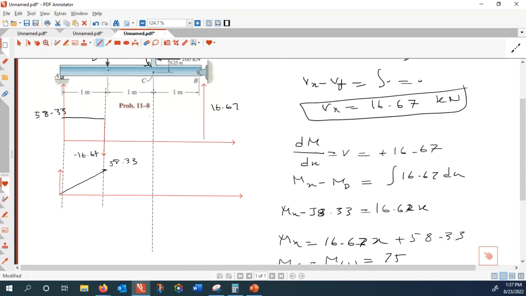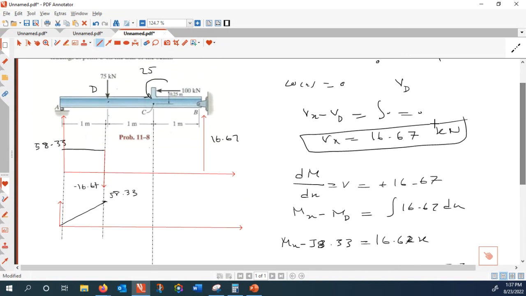I think I made a mistake here. Yeah, V of x minus minus is positive.